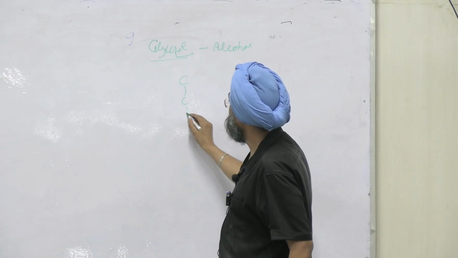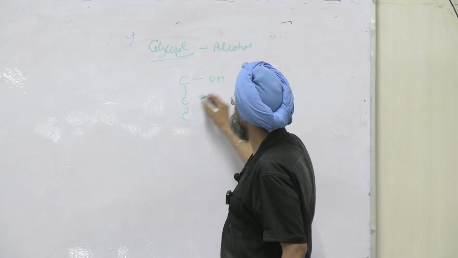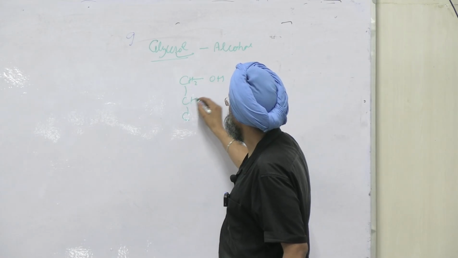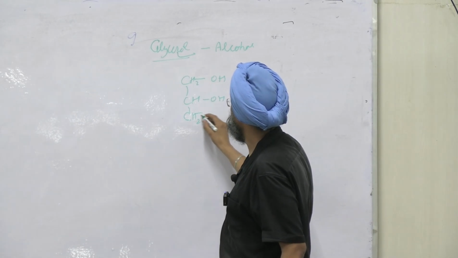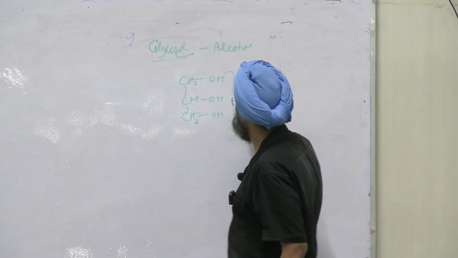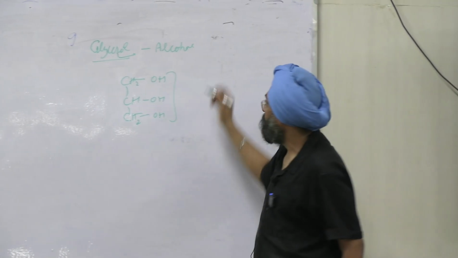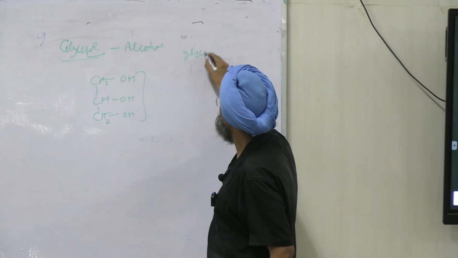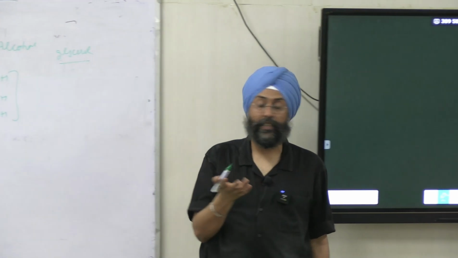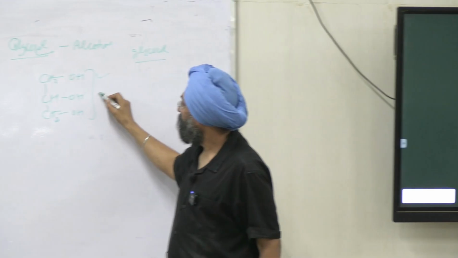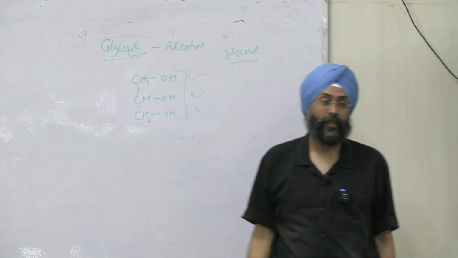Then 3 carbons are there and an alcoholic group is attached to each: CH2OH, CHOH, CH2OH. When 3 alcohols are there, it is known as glycerol. 3 ols means 3 alcohols on 3 carbons, it is glycerol, right?